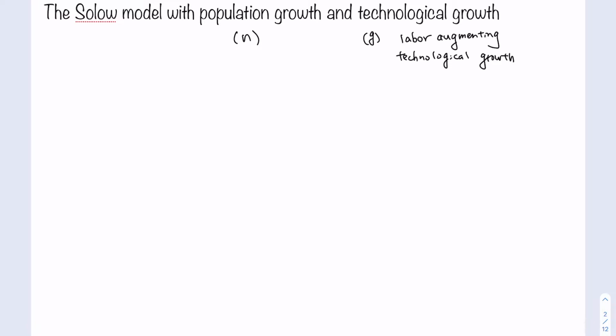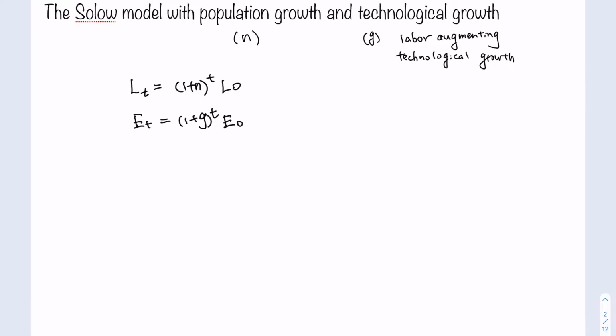Based on that, we know for an economy that has population growth, the population at time t equals (1 plus n) to the power of t multiplied by L naught. When the economy has technological growth, we define a variable called E_t, and this variable will grow at the rate of g.